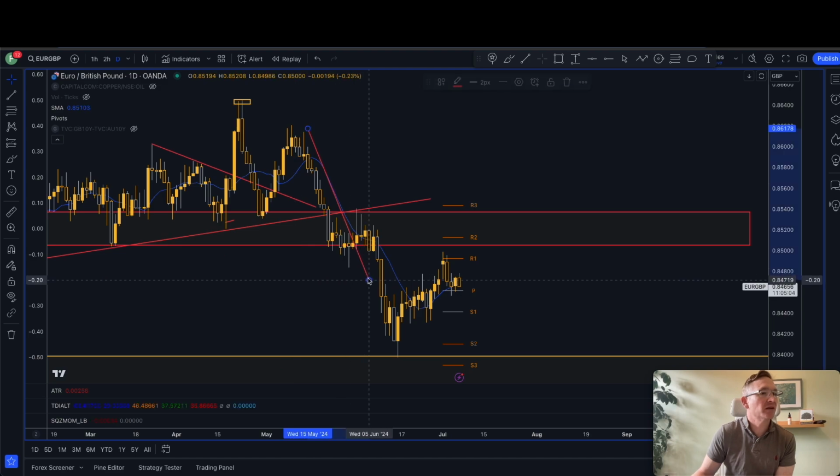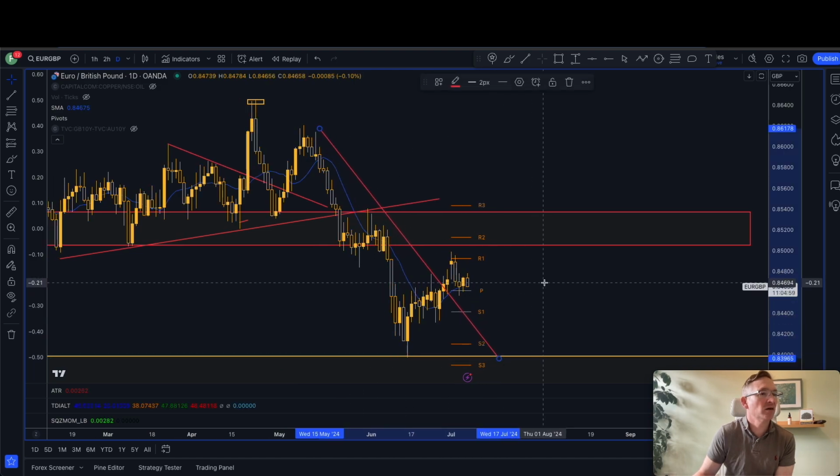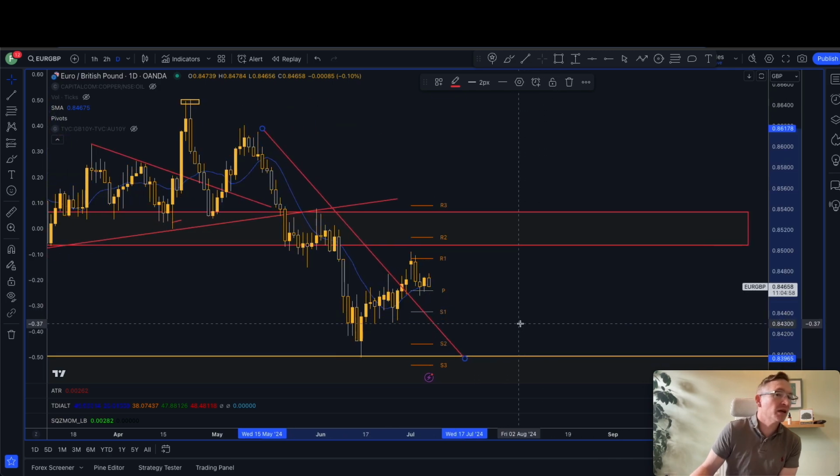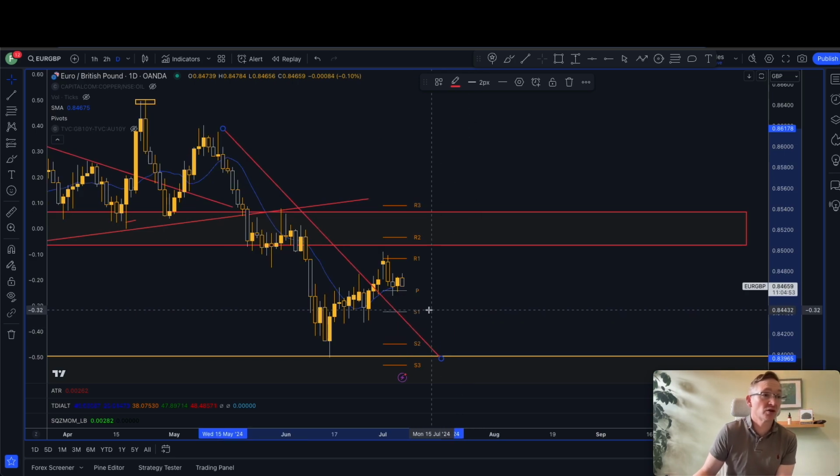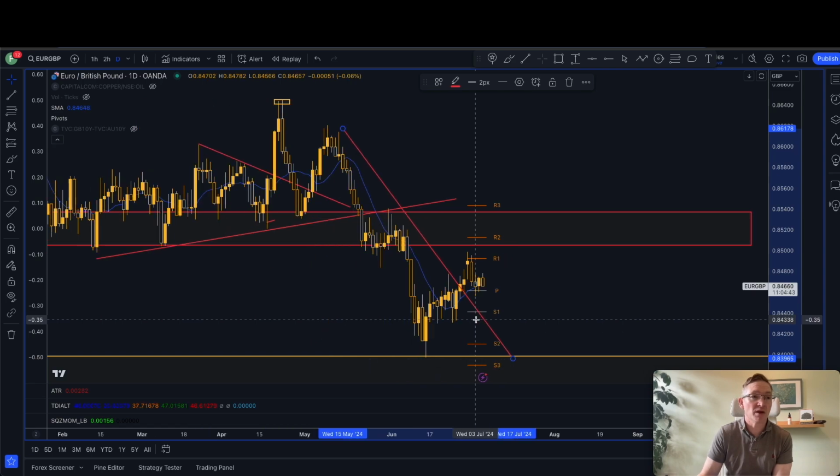You can see this potential break of a trend line, which is holding for now. And any deep dips down to this 8420, 8430 region does look suitable for buying. So any dips lower, we might be looking for opportunities depending on the result of the French election and depending on what's going on with UK GDP as well.